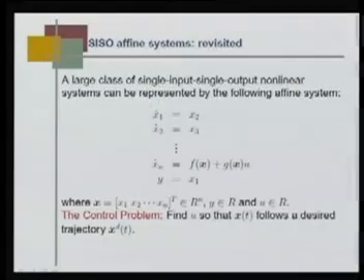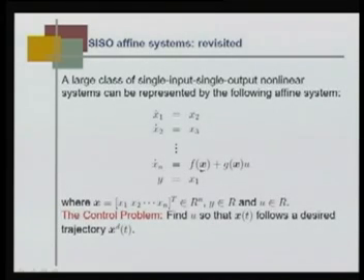A large class of single input single output nonlinear systems can be represented by the following affine systems. An affine system can be written as x1 dot is x2, x2 dot is x3, and so on until xn dot is f(x) plus g(x)u, where x is the complete vector consisting of the elements x1, x2, x3 until xn.